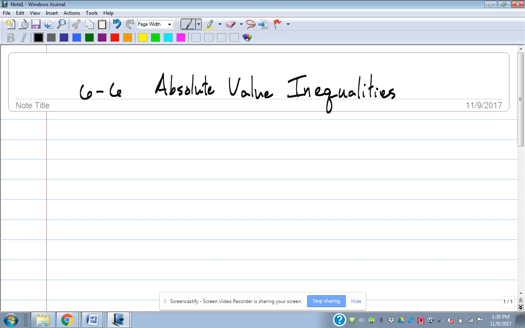When you've got an absolute value inequality, maybe the absolute value of x plus 7, it doesn't matter what's inside. If we put a less than symbol or a less than or equal to symbol, it doesn't matter which one, as long as it's less than some number, say 17, that less than tells us this is an and problem.